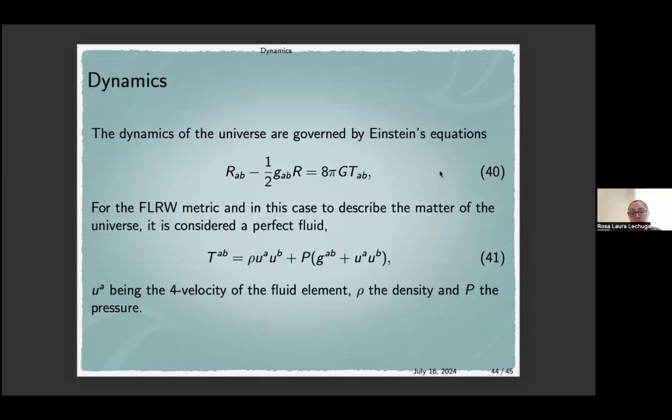And if you put together those equations, you will get the Friedmann equations, which represent the dynamics and the physical properties of the fluid. And in a nutshell, those are the basic notions for cosmology.